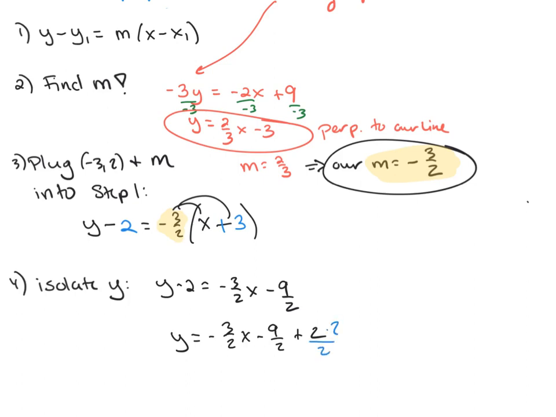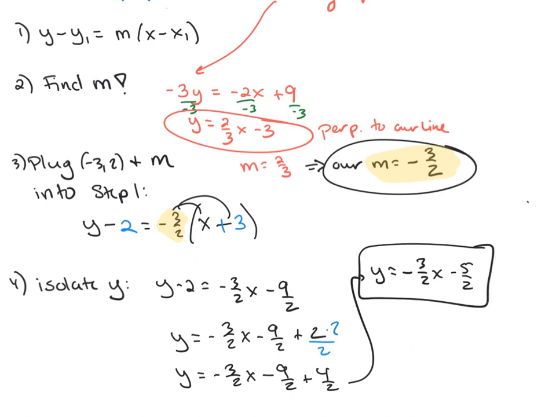Multiplying top and bottom of that 2 by another 2 to make a common denominator, we have y equals negative 3/2 x minus 9/2 plus 4/2. So our answer is y equals negative 3/2 x minus 5/2. This is the equation of the line that is perpendicular to the line in red, y equals 2/3 x minus 3, and it passes through the ordered pair (-3, 2).